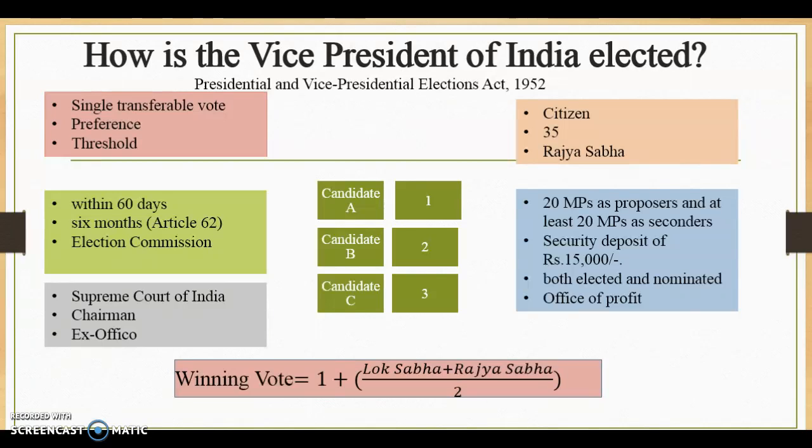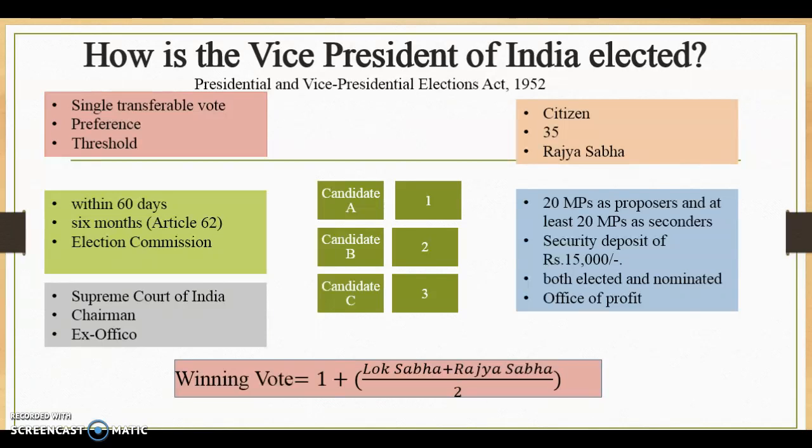And what is the winning vote? The winning vote is the total number of Parliament members, like the members of the Lok Sabha plus the members of the Rajya Sabha, divided by 2 plus 1. Then he will get the winning vote.